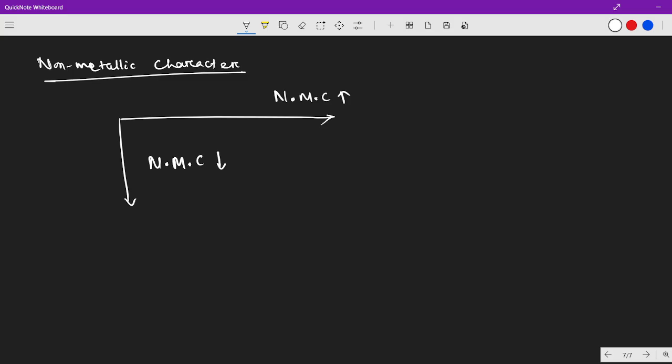Did you understand? Because nonmetals are the elements which accept electrons. The atoms of the nonmetal accept electrons, they don't lose electrons. If they are not losing electrons, that means they are nonmetals, right? So on moving top to bottom nonmetallic character decreases, and moving left to right nonmetallic character increases. Clear?